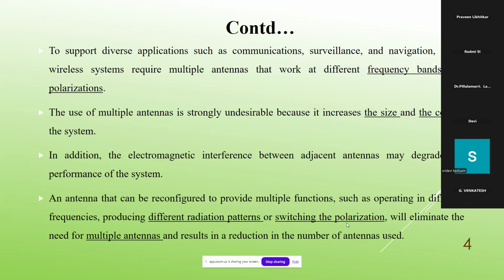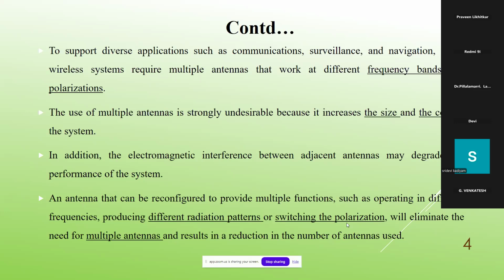Coming to the applications, there are various applications in communication, surveillance, navigation, and many wireless systems where multiple antennas work at different frequency bands and polarizations. A reconfigurable antenna will replace multiple antennas; with one antenna, you can get many benefits.